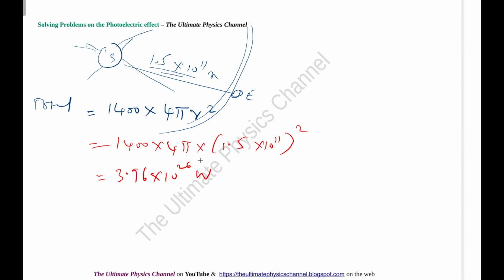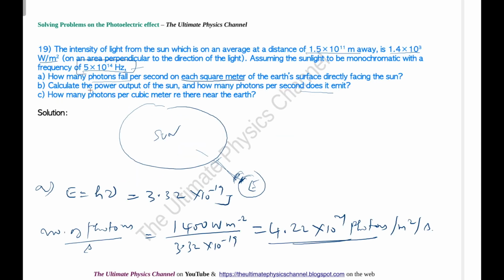And then using this value, we can calculate how many photons are emitted by the sun, because that is what is asked in part B. Calculate the power output of the sun, which we have calculated now, and how many photons per second does it emit.